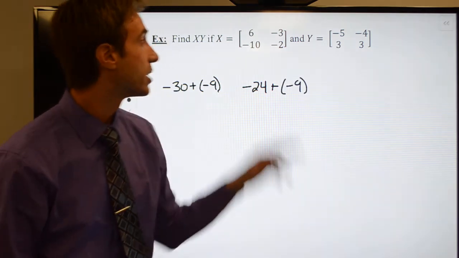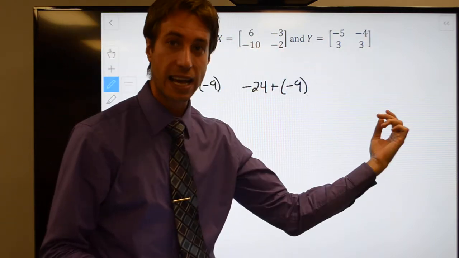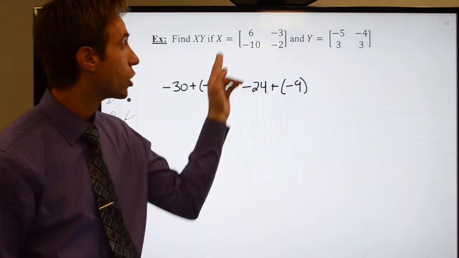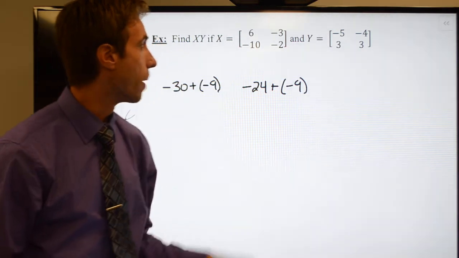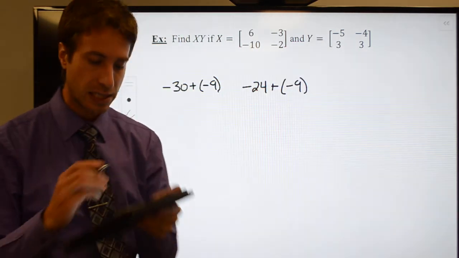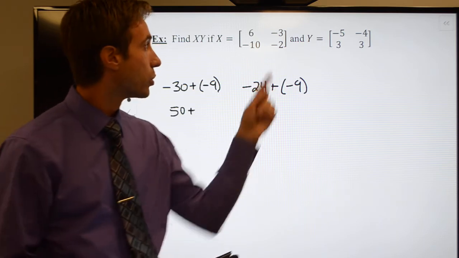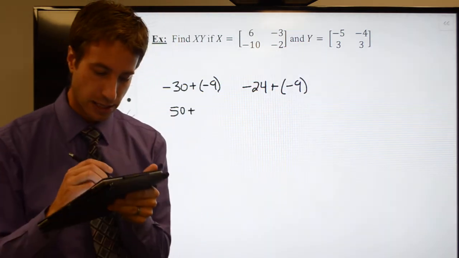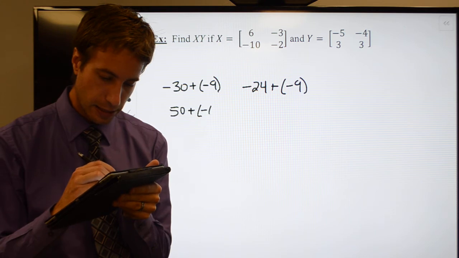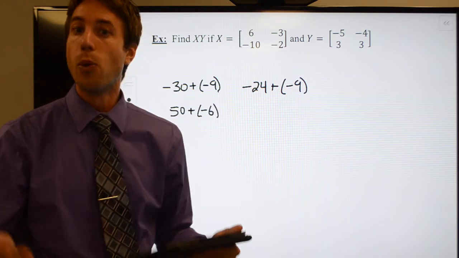Okay, I've now done row 1 times column 1 and column 2, so now we switch rows. Row 2, column 1. Minus 10 times a minus 5 is going to be 50. We're going to add that to a negative 2 times a positive 3, so minus 6. All right. Well, now we switch it.